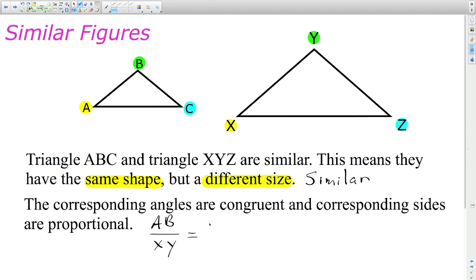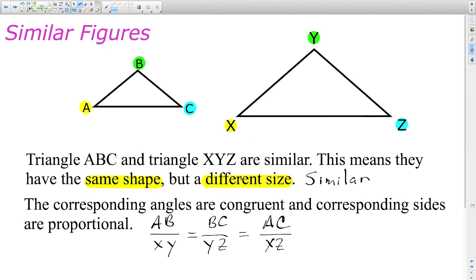Those sides correspond. We can write an extended proportion and add a third side, since we have a triangle, AC over XZ. That's where we get our ratios and our proportions from.